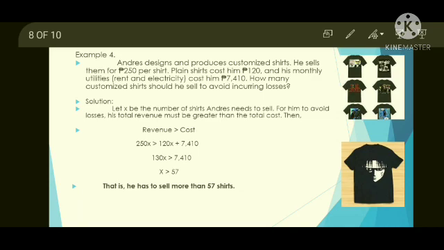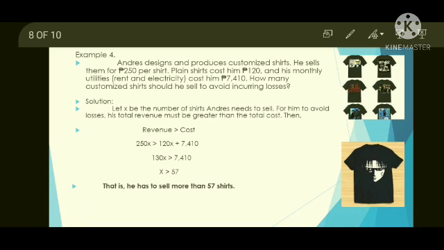So 250x is greater than 120x plus 7,410.